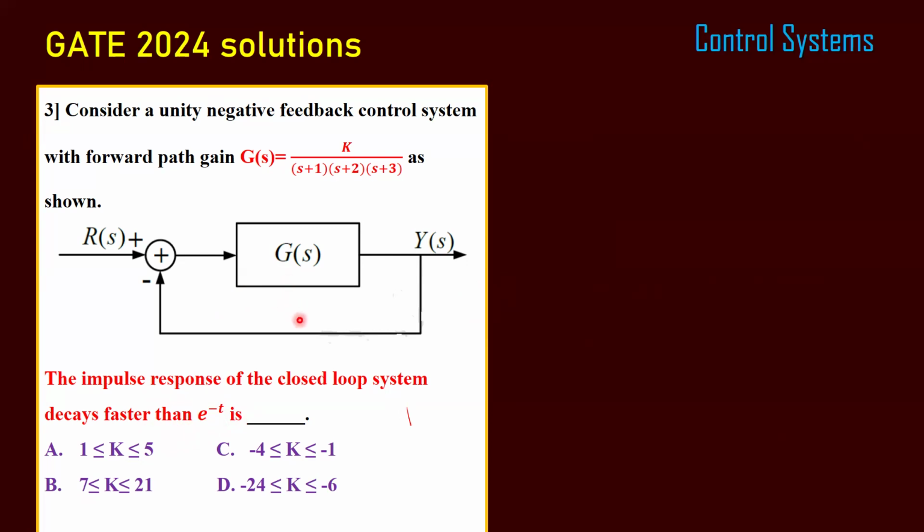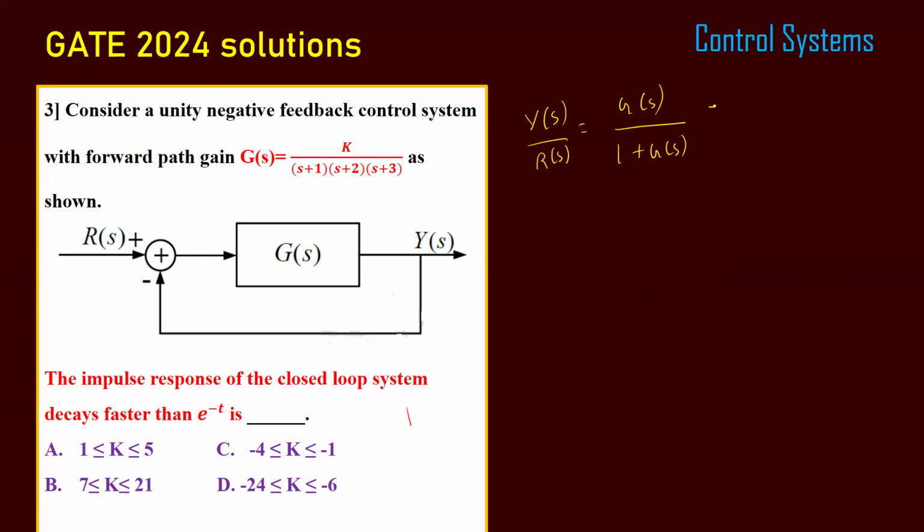So first let me find the response. Response means first let me find the transfer function for the given system. So here Y of s by R of s equal to G of s by 1 plus G of s, since this is negative unity feedback.